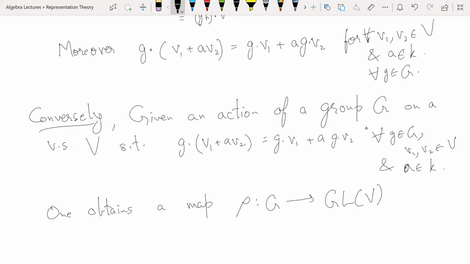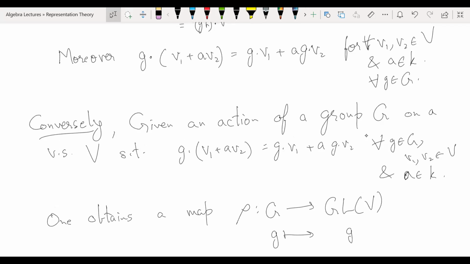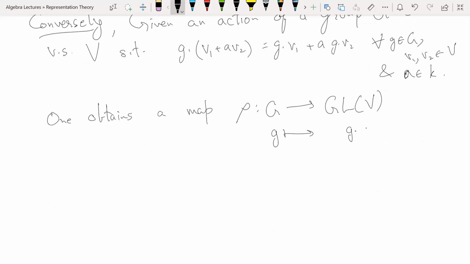So what is the map? Basically g goes to rho g, the map which sends v to g dot v.